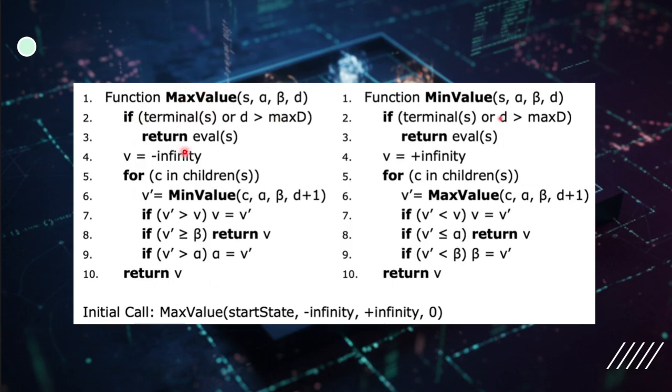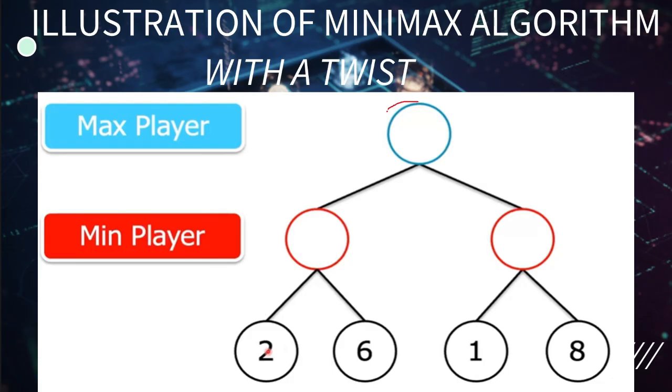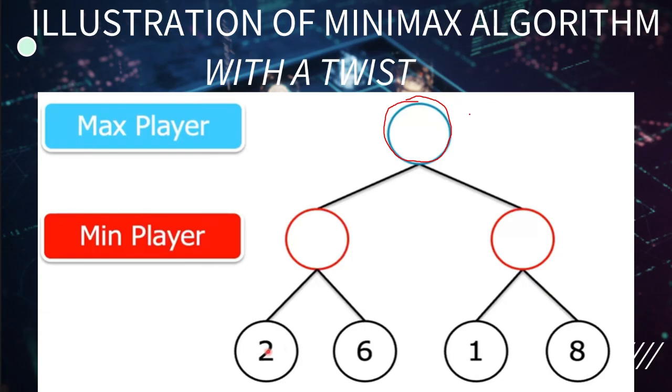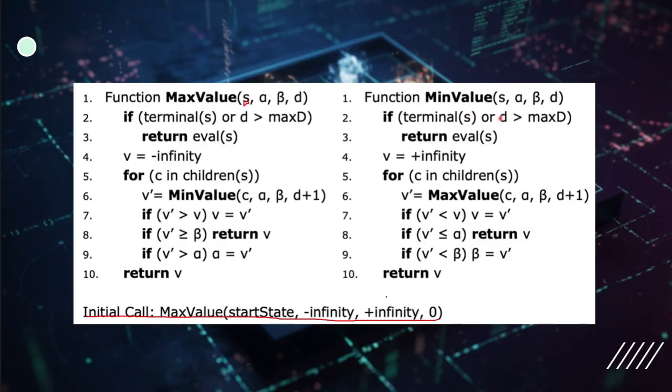Okay, so let's run through this algorithm and mark several things on our decision tree. First of all, we start with this node and we pass this node into the function as S. Also, as this slide states, we initialize alpha as minus infinity, beta as plus infinity, and D as 0 right now. So here, while executing the function, D refers to the depth that we have already explored.